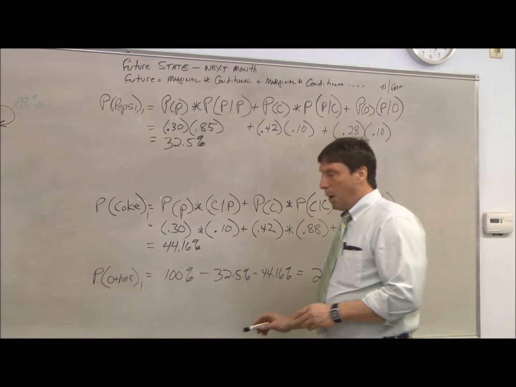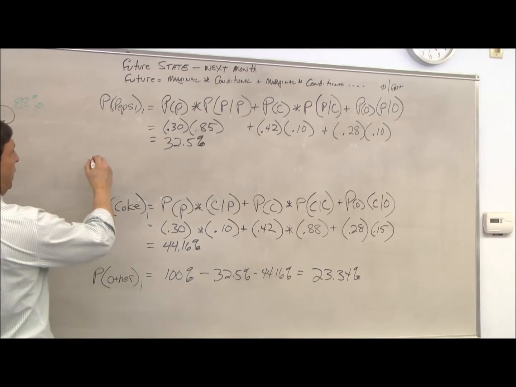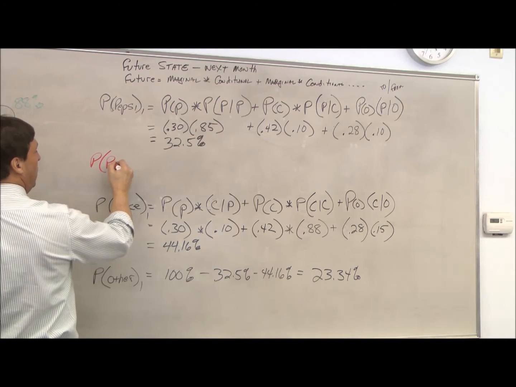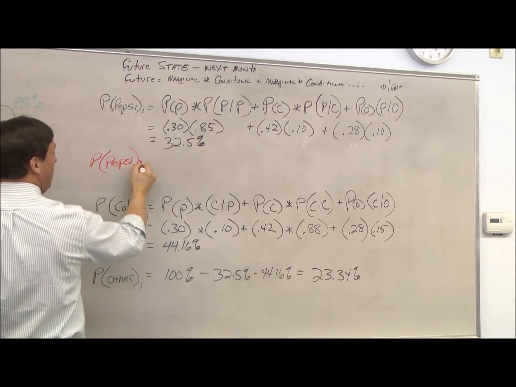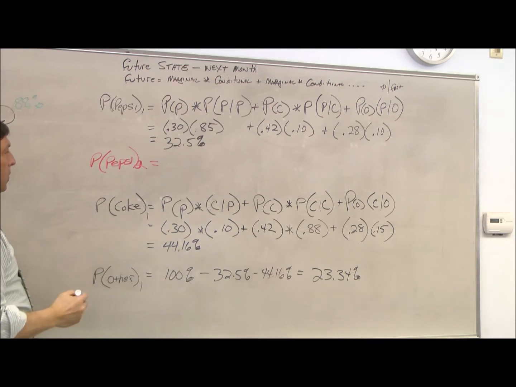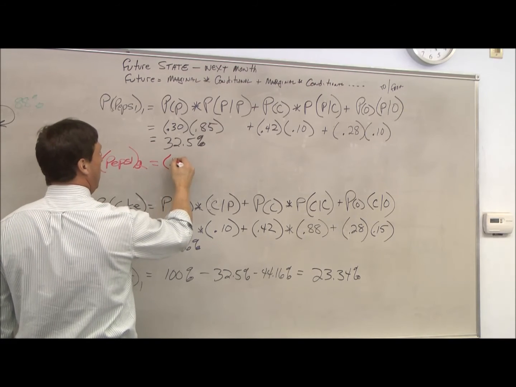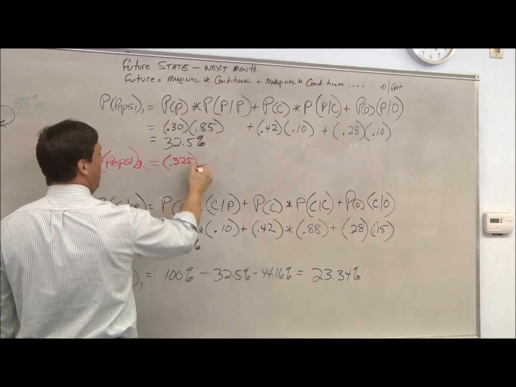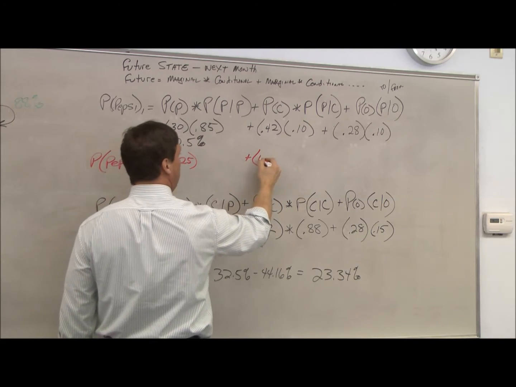All right, there's one other thing we can do here. Based on our new market share, we could figure out our probabilities 2 states out. But this time, we know that we're going to use the new market shares.